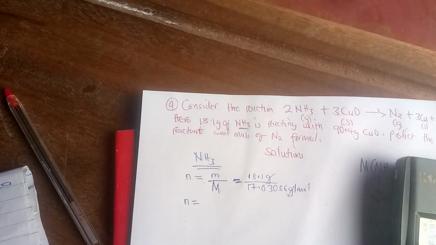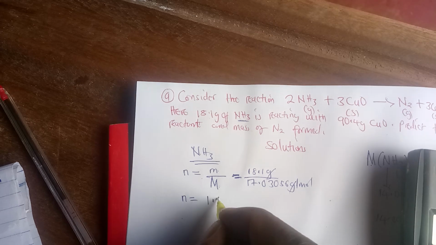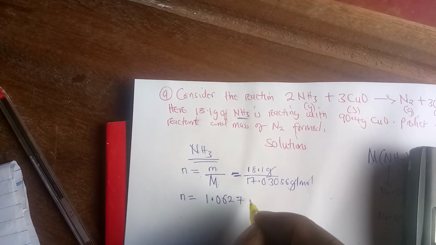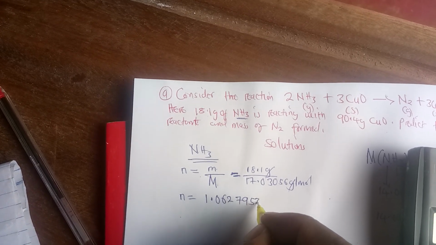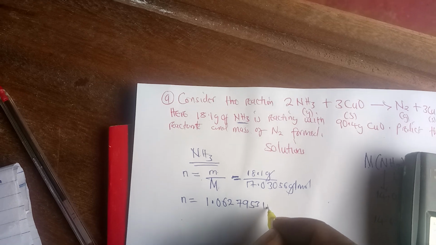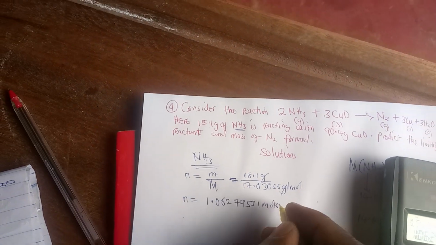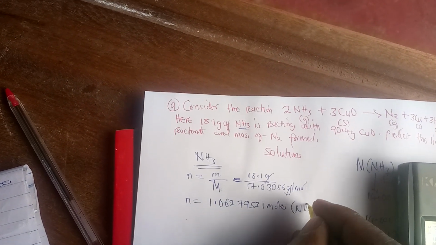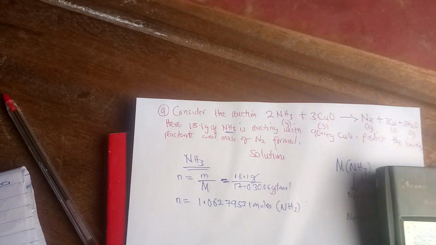So I'm getting 1.06279531 moles. So those are the number of moles of NH3, or ammonia.